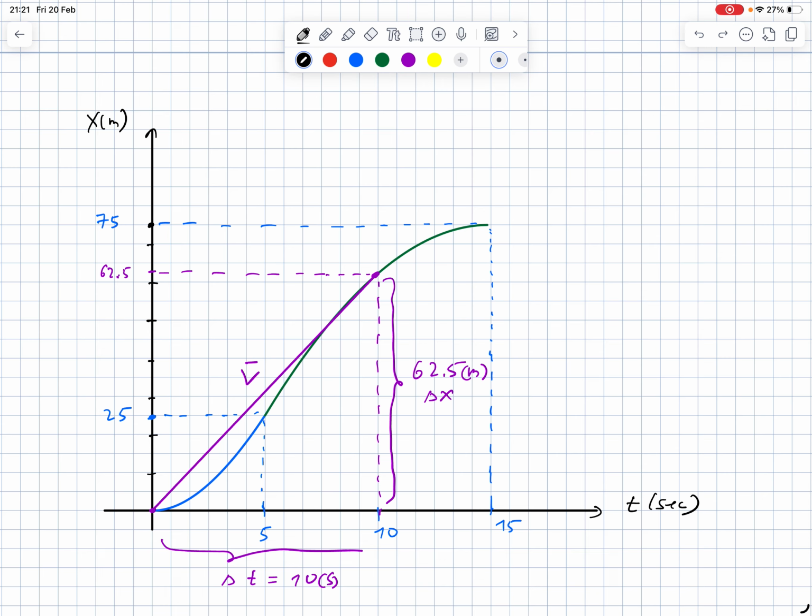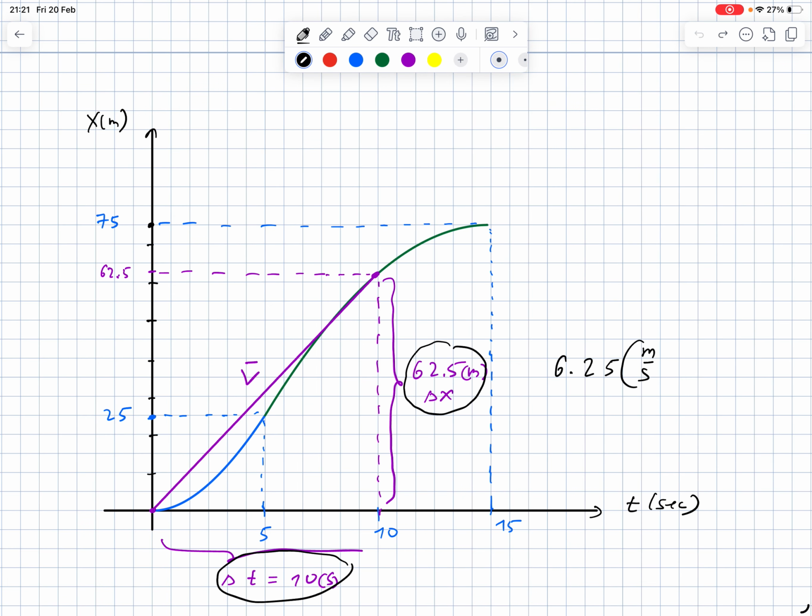What you need to do is just draw a straight line between those two coordinates, and this is how you show what the average velocity looks like in the graph of x of t. Also, you will notice that this slope is constant, which is 62.5 divided by 10, giving you again 6.25 meters per second, which is again our average velocity.